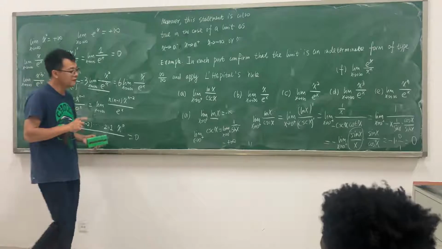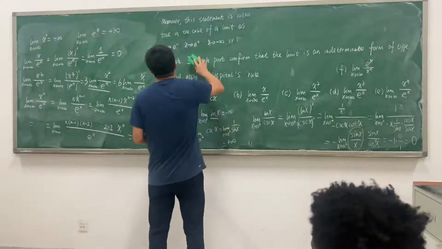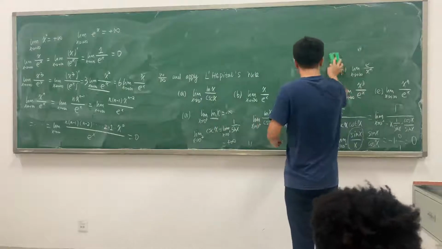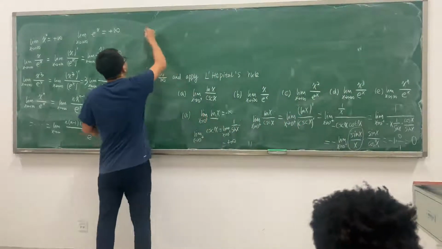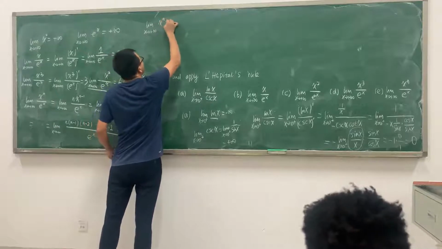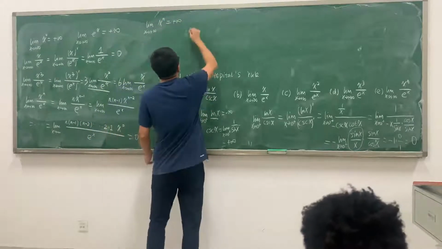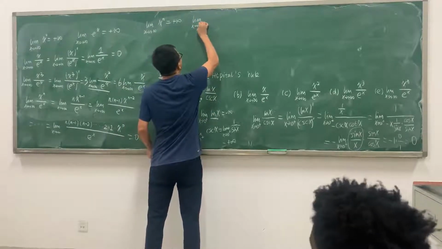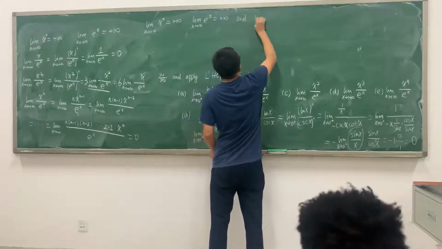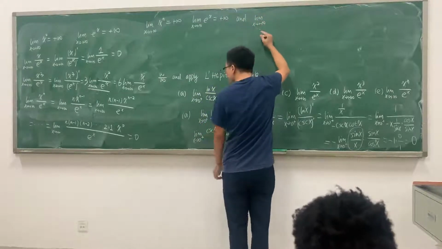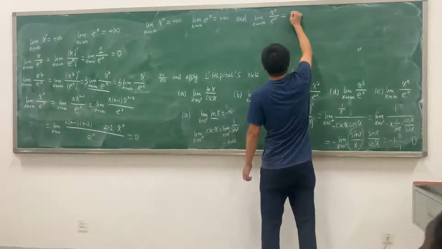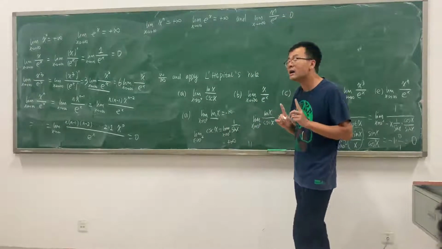Here are the effects of these three limits. The limit of x to the nth power as x approaches plus infinity is plus infinity, the limit of e^x is also plus infinity, and the limit of x to the nth power divided by e^x is 0.